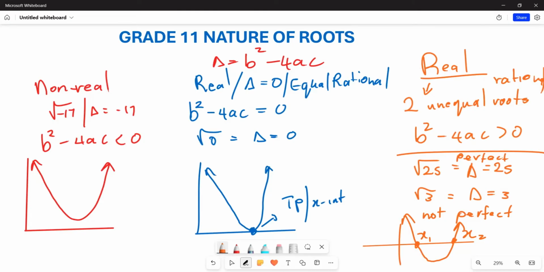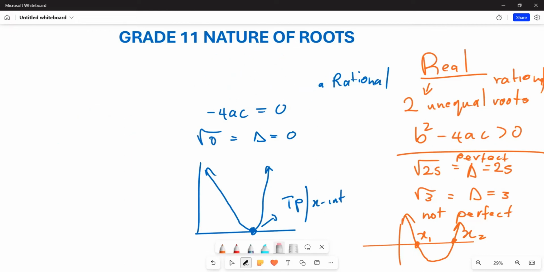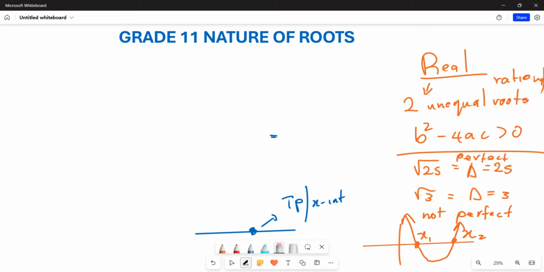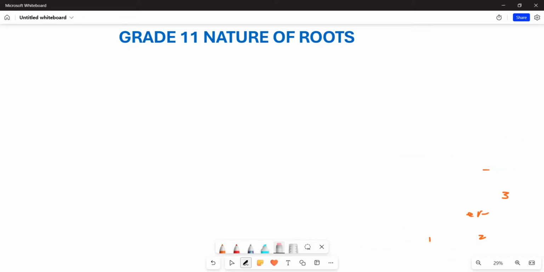I know you are asking yourself how to apply this in a normal equation. Let's say we apply all the things you are learning about, in terms of your roots being real and non-real, equal or unequal. Let's make up our space here.